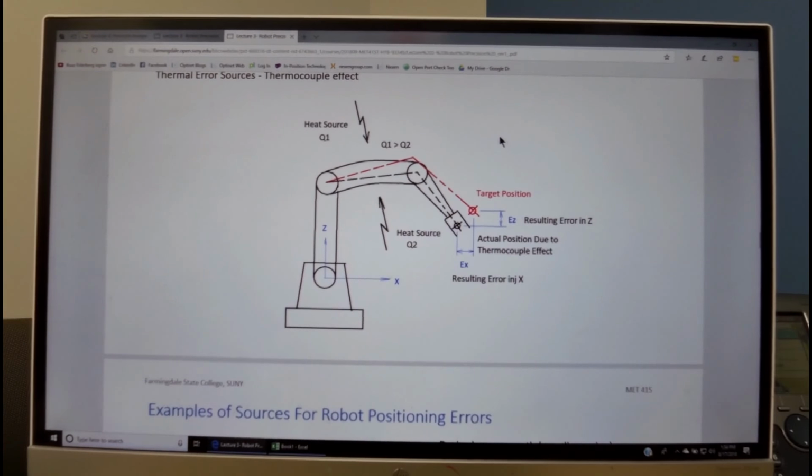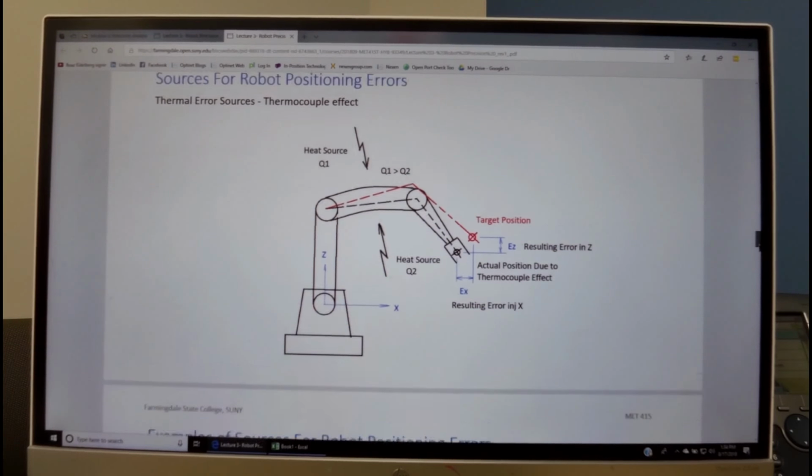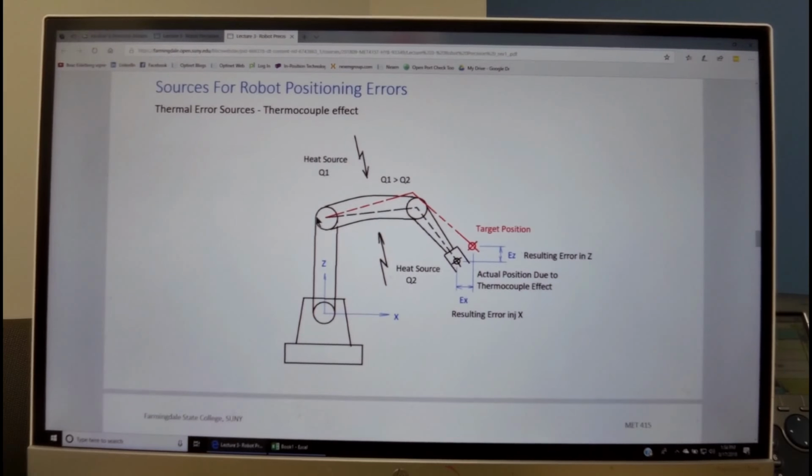We see an example over here of an effect of a thermal load on a system.